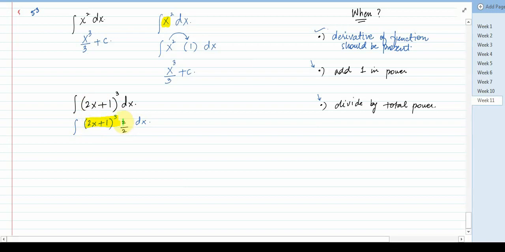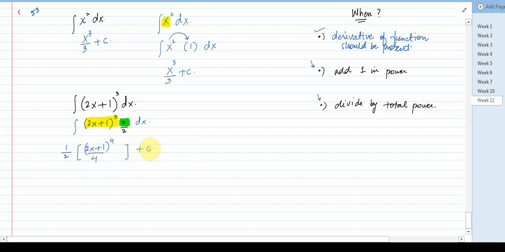The derivative of my function is present. Now I can integrate. So this denominator 2, I will shift it outside the bracket, right? And now the integral of this part (2x+1), I can add 1 to the power, so it's power 4 divided by 4 plus c.